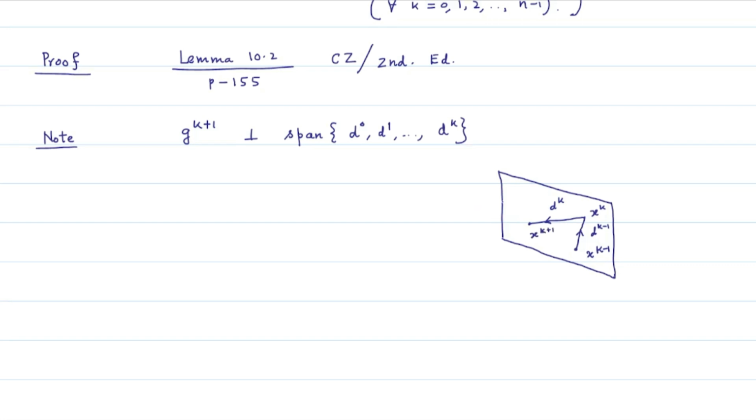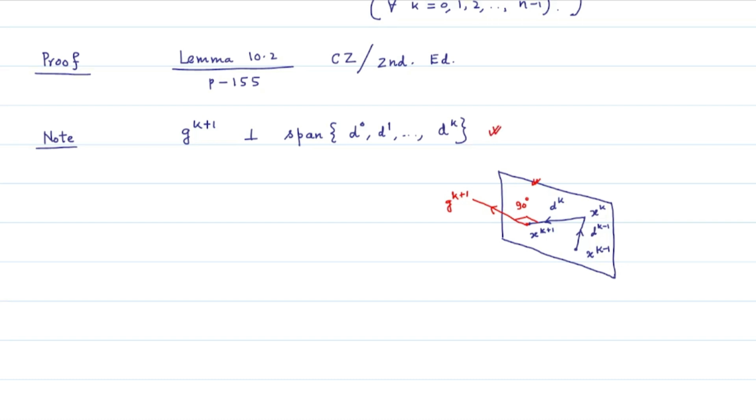Then if we compute the vector gk+1, the gradient of f at the point xk+1, we can see that this gk+1 is perpendicular to this trajectory visited by the conjugate direction method so far. That means if this is the plane consisting of dk-1 and dk, then gk+1 is perpendicular to this particular plane. That is, the angle of gk+1 with this plane is 90 degrees.